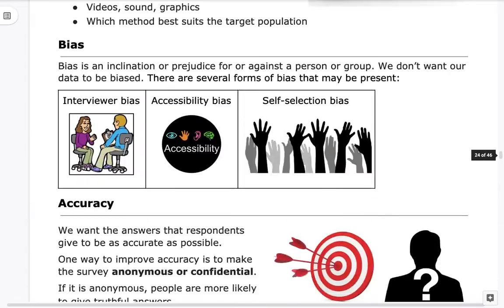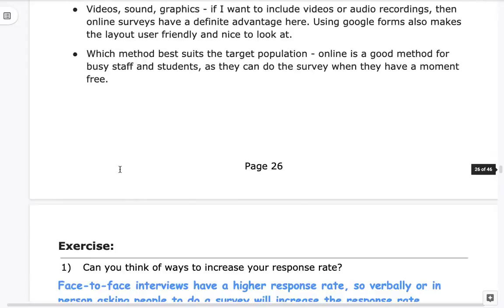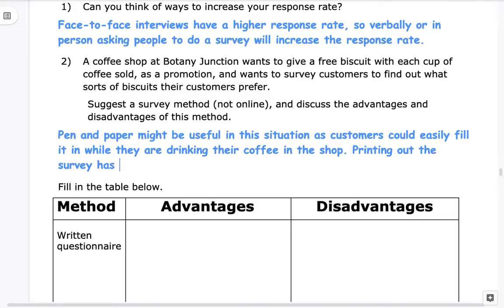So let's go back to looking at some of the factors to consider. Bias, accuracy, response rate, cost, all of these kinds of things. So let's think about some of those ideas. Printing out the survey has a small cost associated with it, and requires time to create the survey.